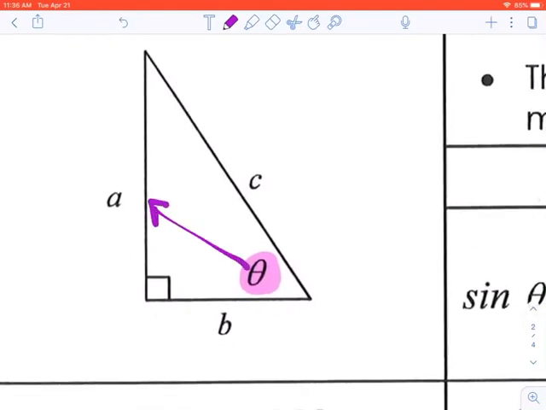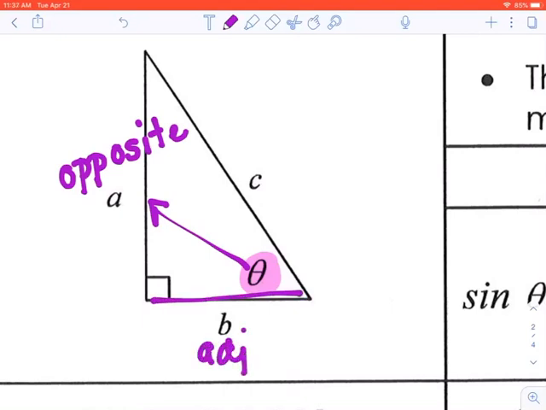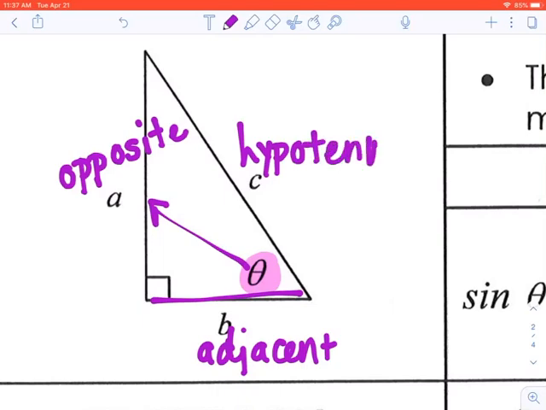Opposite is going to be this little a. That's opposite. Okay? Adjacent, because it's right next to the angle, it touches it, is going to be this b. That's adjacent. It's right next to. And then c is your hypotenuse. The hypotenuse is always across from the right angle, always.